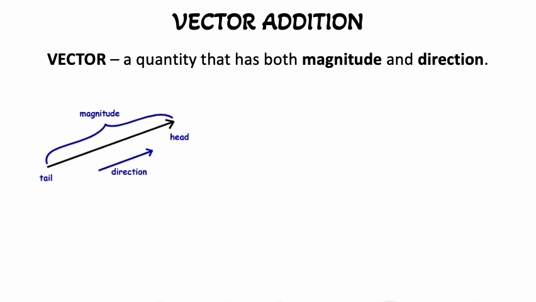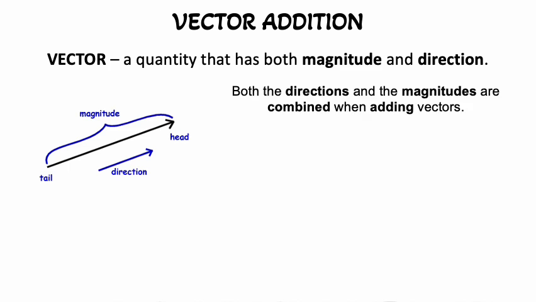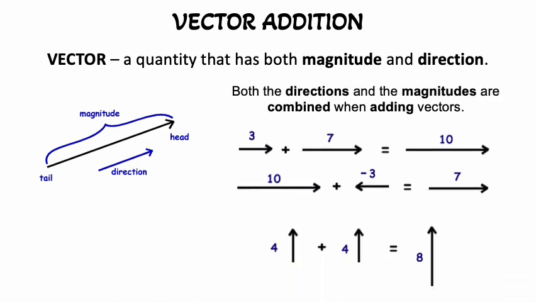These vectors can be added together to find out the resultant of both of the vectors. So say for example, these vertical and horizontal vectors. The directions and the magnitudes are combined when adding vectors. Kapag horizontal and vertical lang ang direction ng mga vectors natin, napakadali lang. You just need to add them.